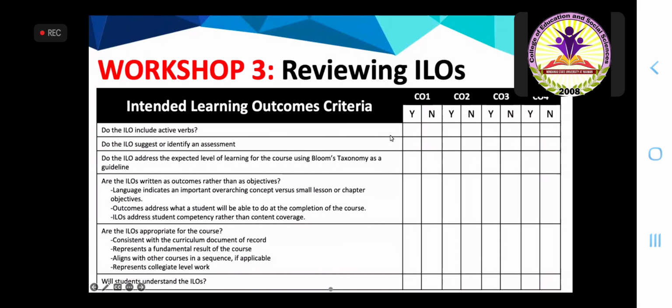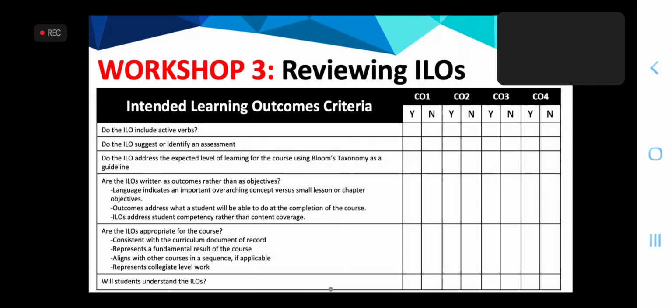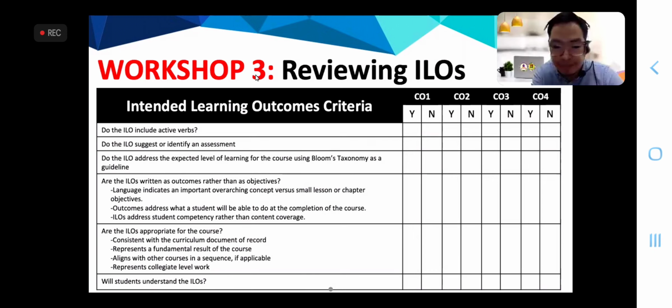Maybe that's already a good time allotment for this workshop. If you have questions, just type them in the chat box and I'll be here reading. If you have questions in the lecture, you can type them in the Q&A or raise your hand. I'll give you some time to do the workshop. You can take a screen cap of the screen.